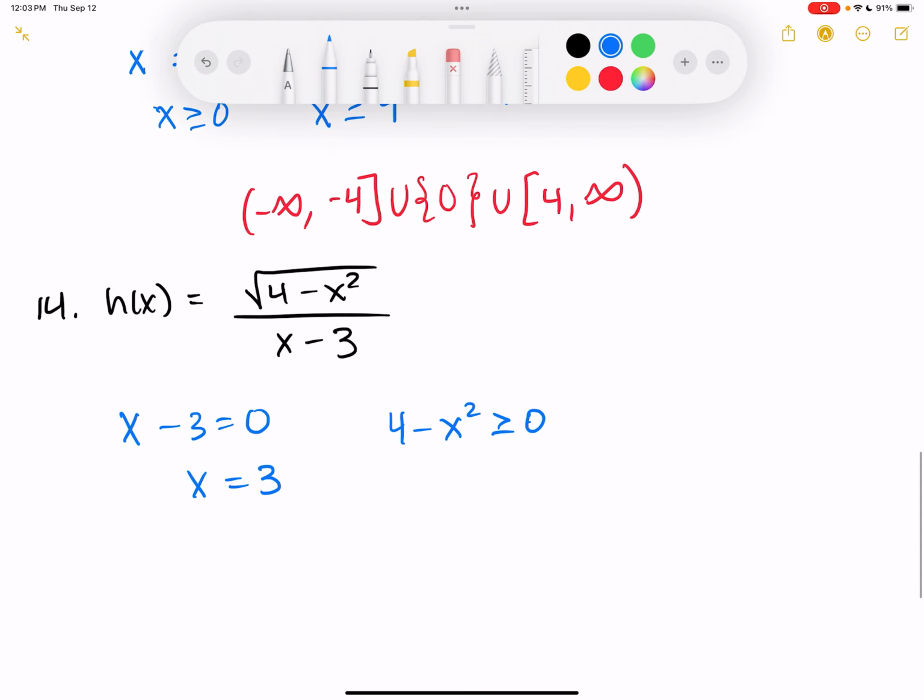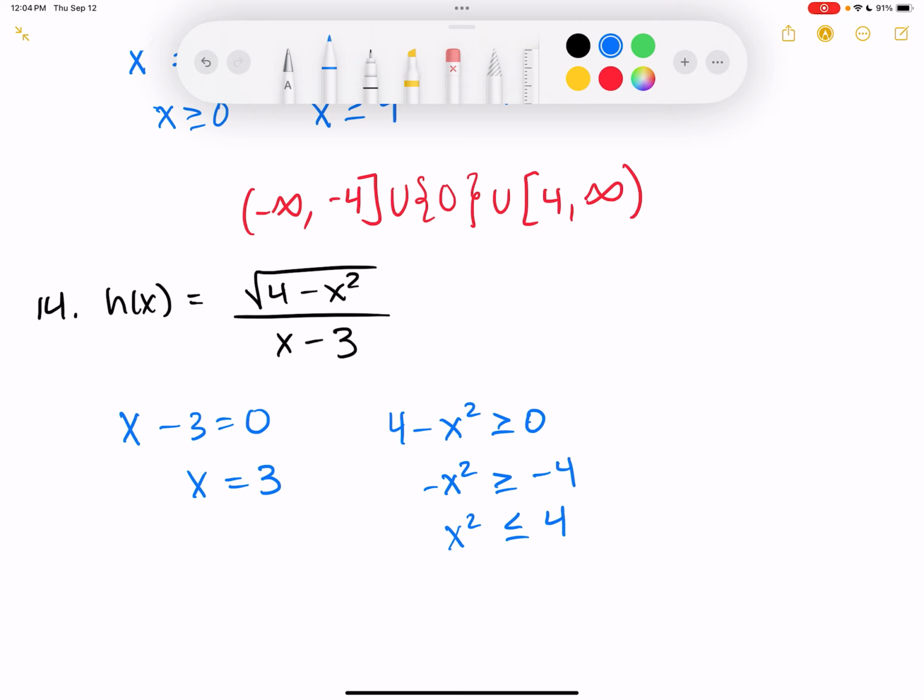Then over here, negative x squared is greater than or equal to negative 4. Divide by a negative, I flip the sign, so x squared is less than or equal to 4. Now what happens? x is less than or equal to 2, or plus or minus 2.